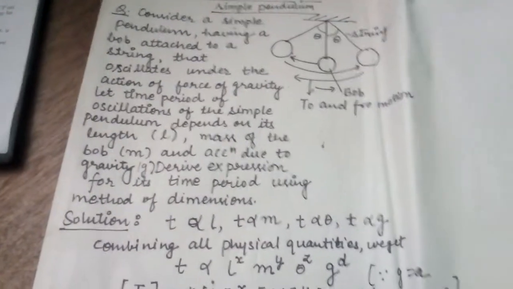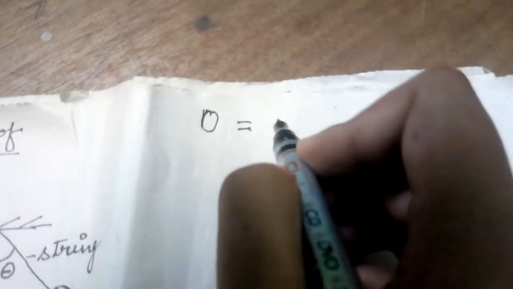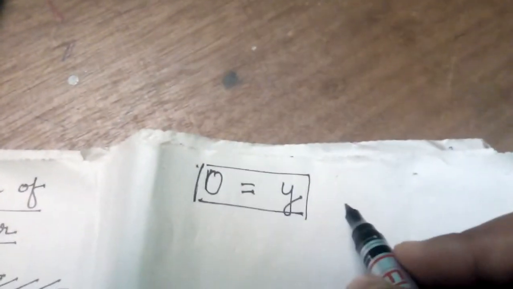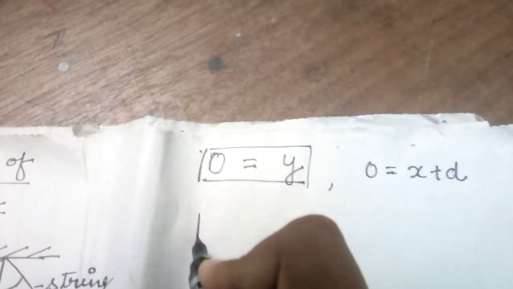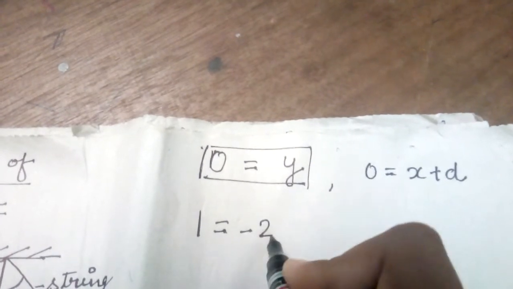Now I'm going to write it here. 0 is equal to y, that is y is equal to 0, comma, 0 is equal to x plus d, and T having power 1, 1 is equal to minus 2d.